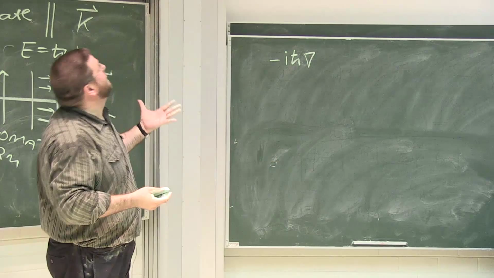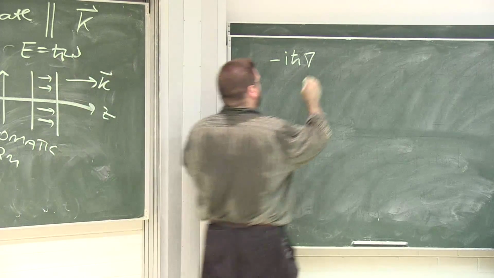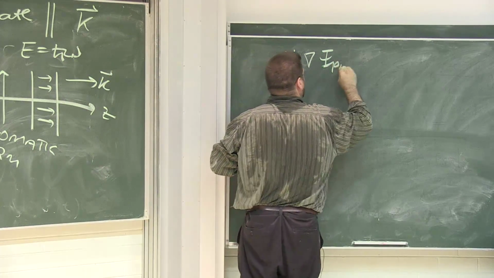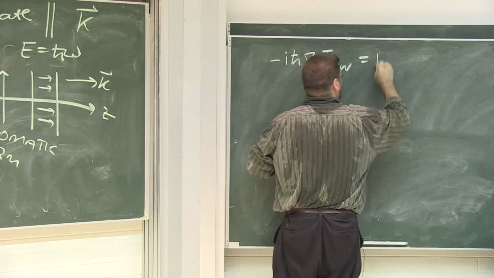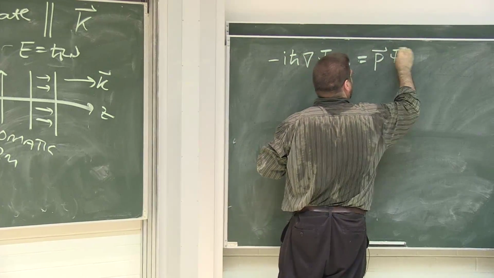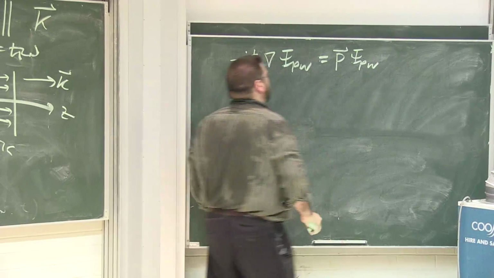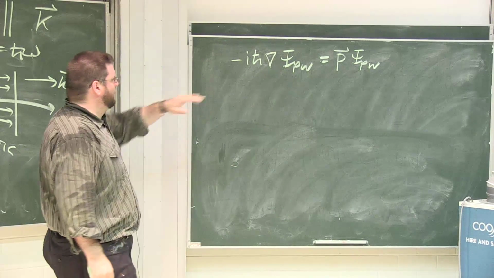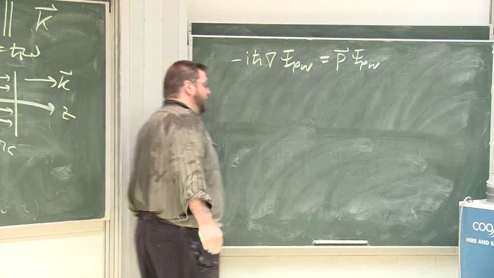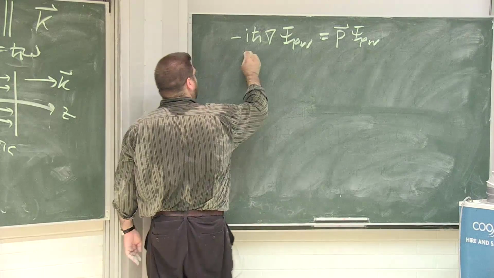What we'll call the momentum operator acts on the plane wave to give the momentum vector times the plane wave. Again, I'm still freaking out slightly about this idea of a vector eigenvalue, so let me write this out as three scalar equations.